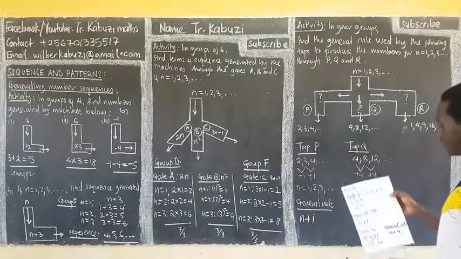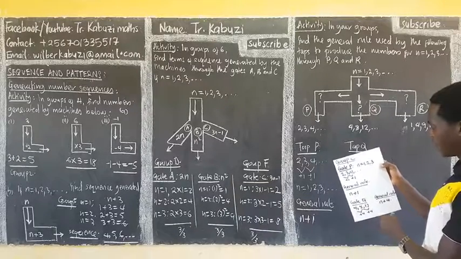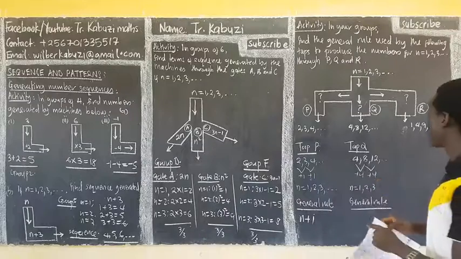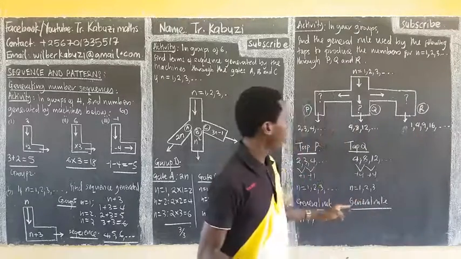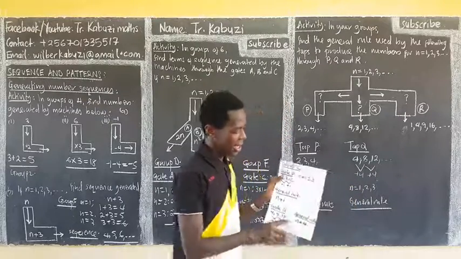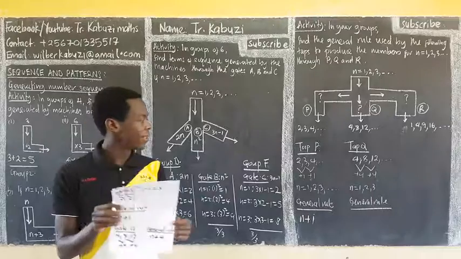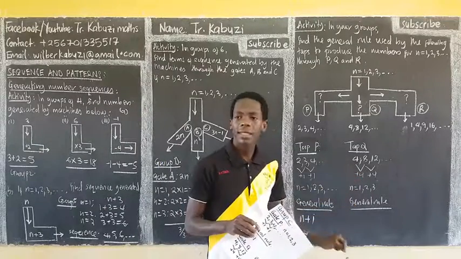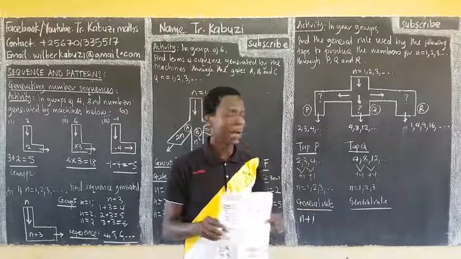For them, they are saying that we are adding the 4. So for them their general rule is n plus 4. So they are saying when we get this n and we add the 4, we get the 4. Really? Do you think when we get this n and we add the 4, we get this? Okay. So that's what they're saying.